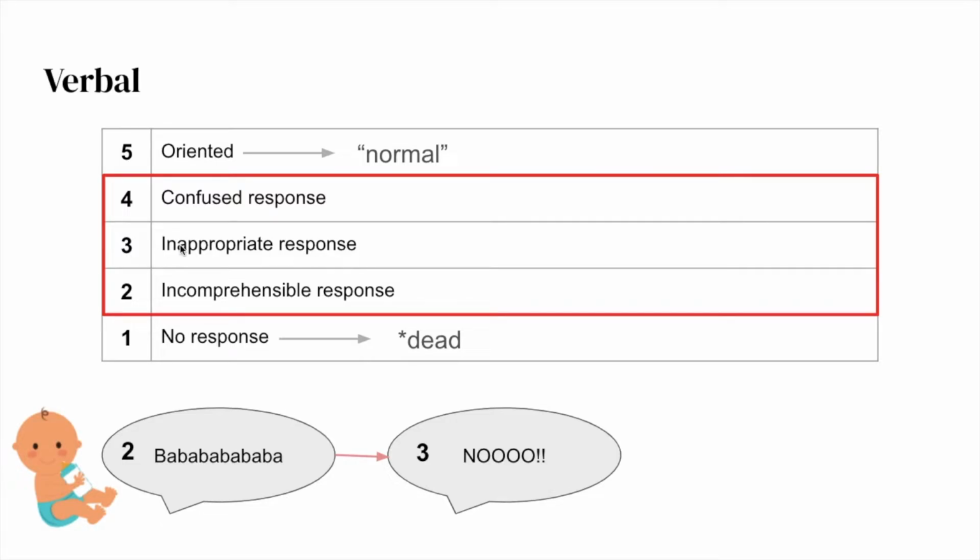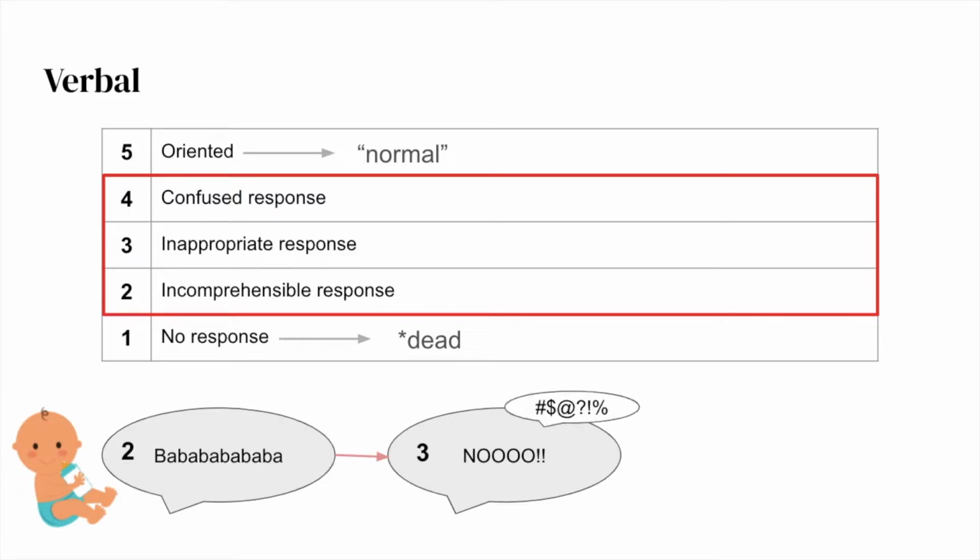Moving on to the 3rd verbal response category, it is inappropriate response. So if they score a 3, they have inappropriate verbal responses. So I thought of after a baby is cooing or babbling, they move on to words, and sometimes they're not the right words. For example, if you think of a toddler or an infant, if you go to feed them, they might shout no, even though they do actually want the item.